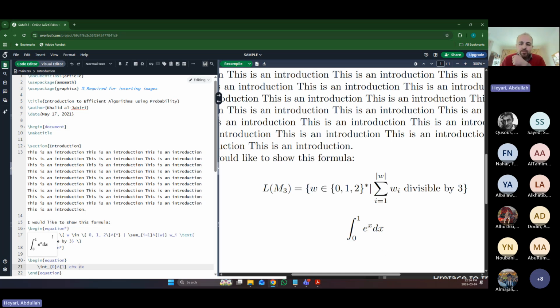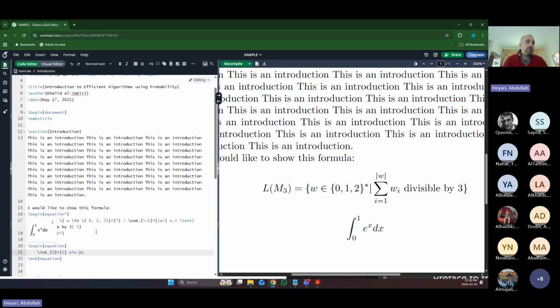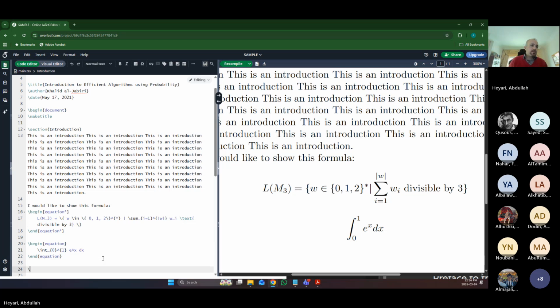So I hope you got impressed by what you see. This is LaTeX, and this is how it looks. LaTeX is based on TeX.